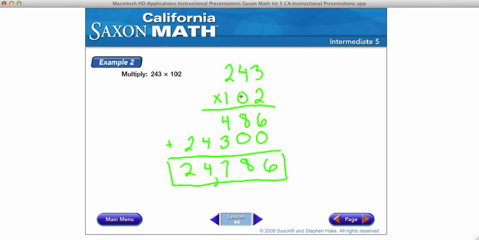So because I have a 0 here, I can skip a whole row because they would just be zeros anyhow and go straight to multiplying by my next digit in the hundreds place. Just remember, if you are multiplying by the hundreds place, to put in 2 zeros as the placeholder, not just 1. Okay? The other option for those of you that are having trouble with this is to break 102 into its expanded form.